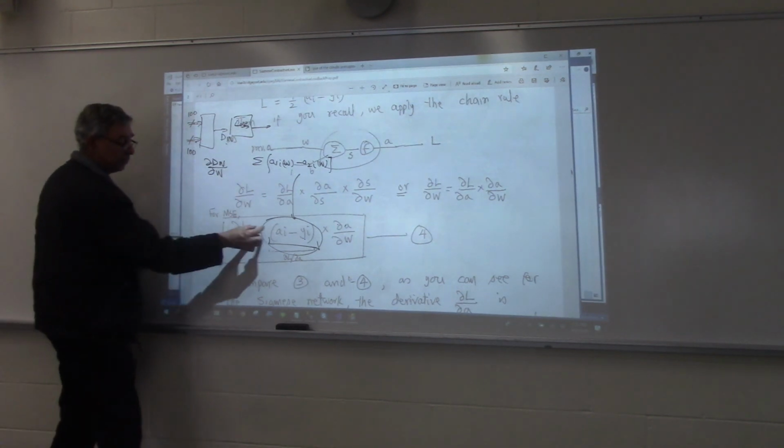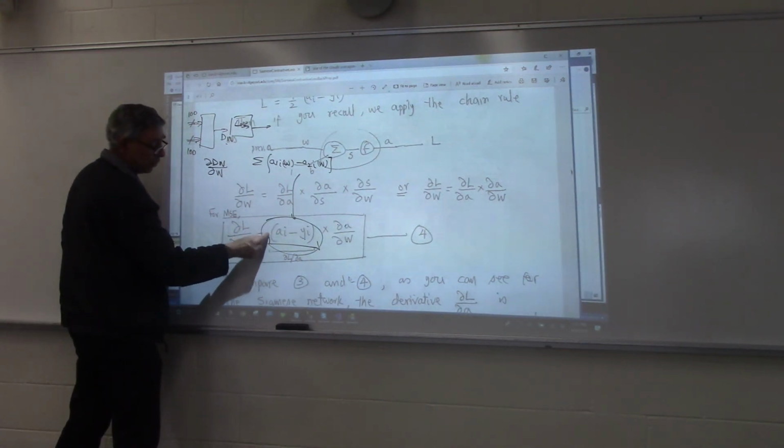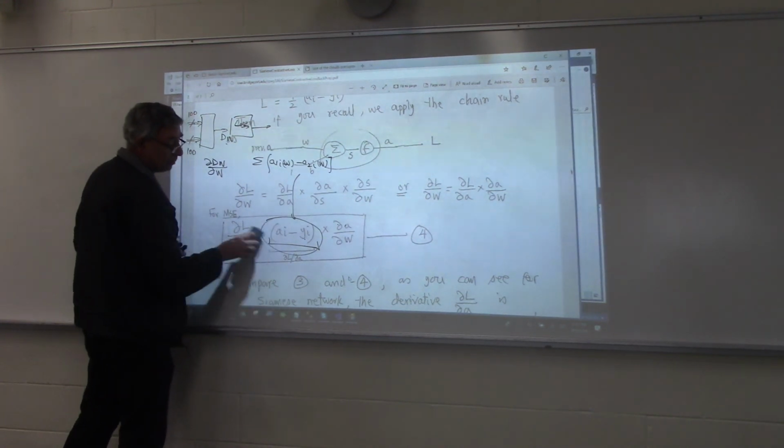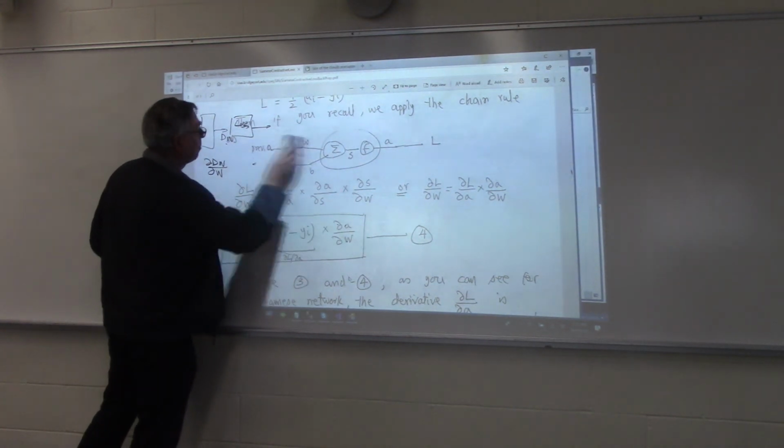Which further, to compute the delta, remember we used to multiply it by the derivative of the sigmoid?